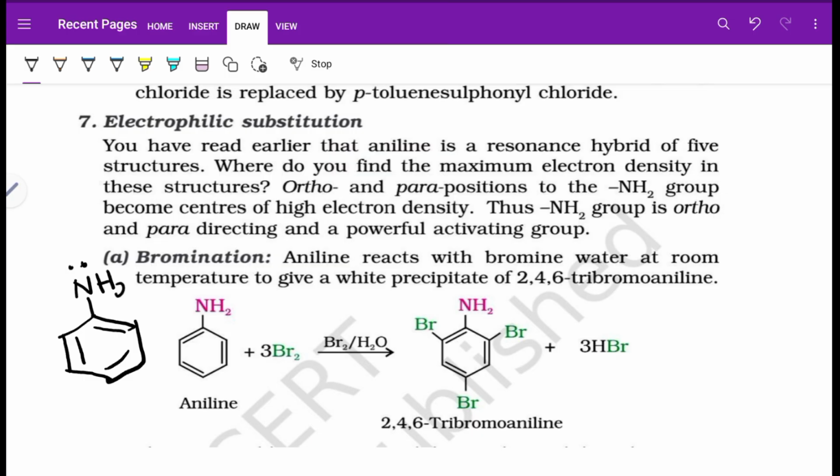Plus R effect, because the lone pair goes into resonance and so increases the electron density over the benzene ring or the aromatic ring. And it obtains a negative charge selectively over the ortho positions and para position on account of resonance.